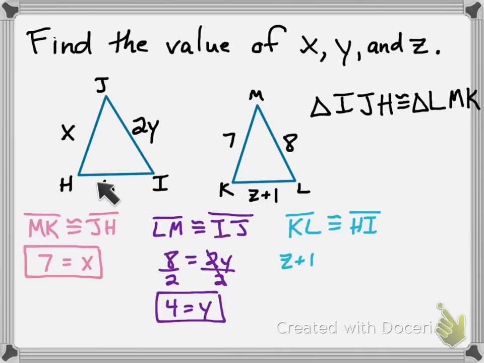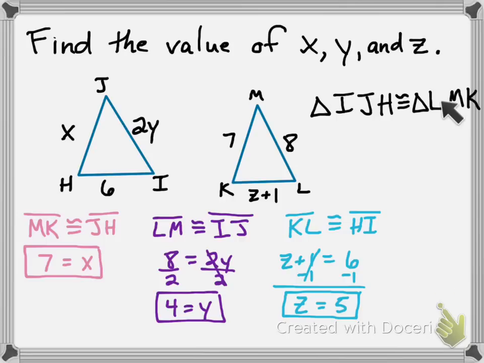And HI is 6. So Z plus 1 equals 6. So I can subtract the 1, and I get that Z equals 5. So I used my congruent statement to see which sides were equal, and then I just solved for the missing variables. X equals 7, Y equals 4, and Z equals 5.